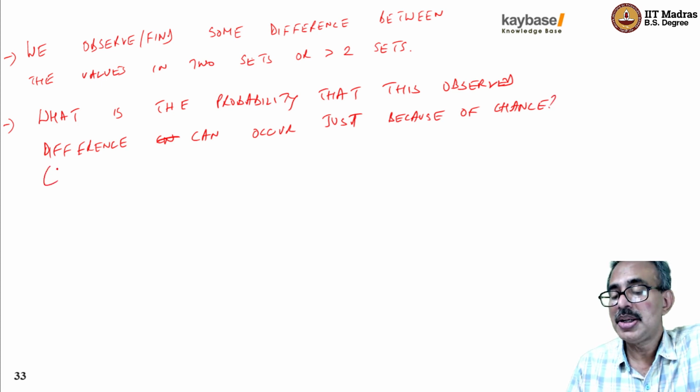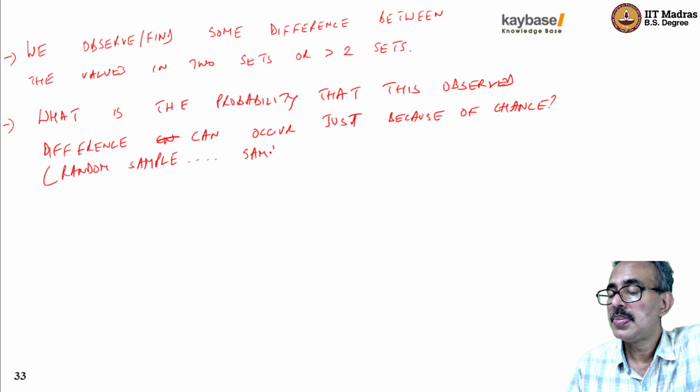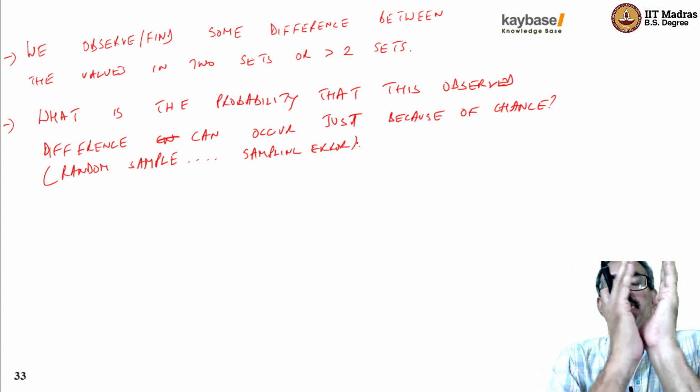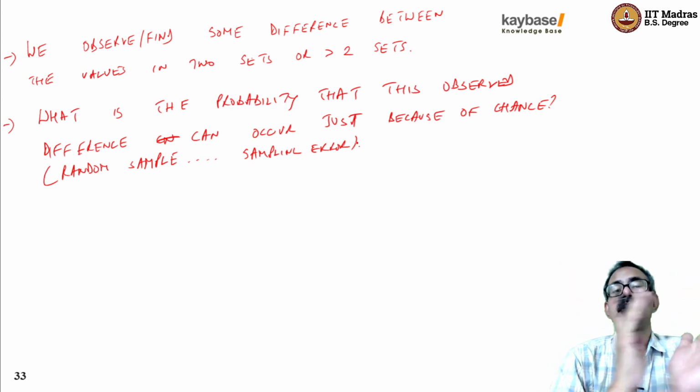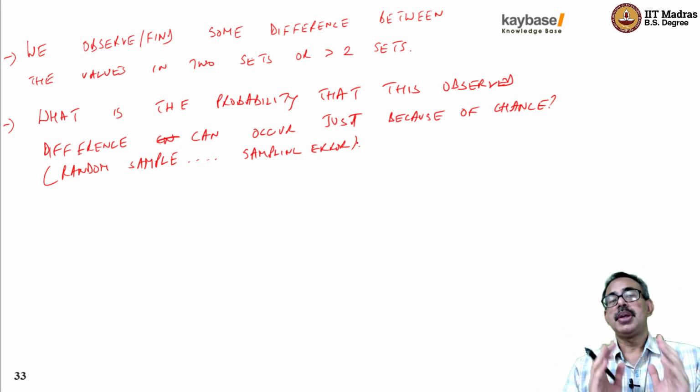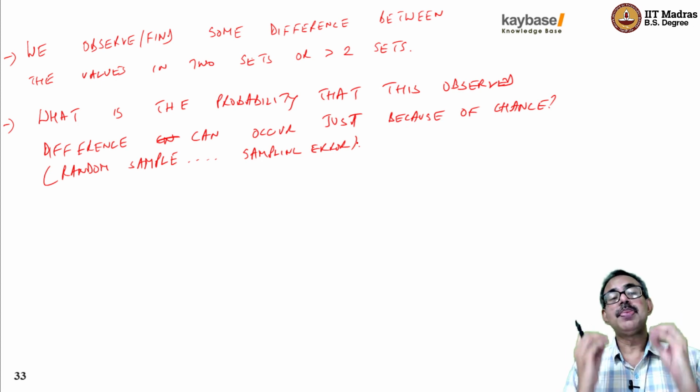By chance, I mean because it is a random sample and not a census, because there is something called sampling error, etc. What is the probability that the difference we're observing between 10,000 and 10,200 can occur only because it is a sampling survey?